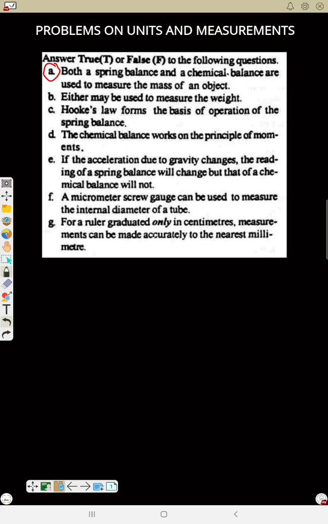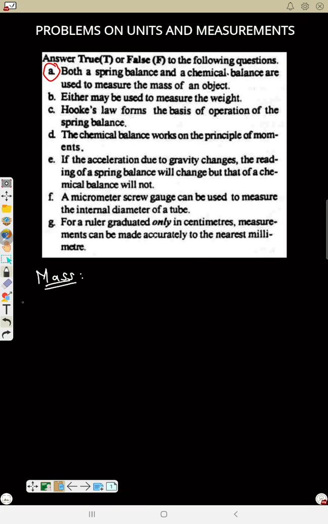But now, let me start with mass. You can note points here. Mass is the quantity of matter in a body.